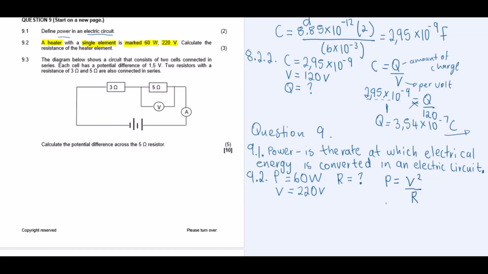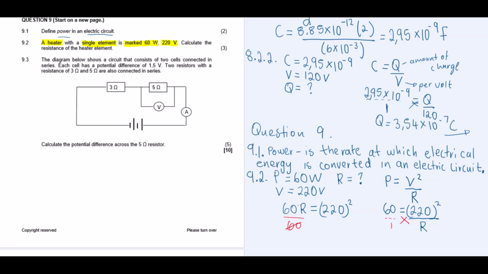And that formula, we write P is equal to V squared over R, right? So this formula can help us to calculate the resistance. What is power here in this situation? Power is going to be 60, right? And what is the voltage here? The voltage is 220. 220 is being squared, and then over the resistance, R. Then for us to calculate, we're going to say this is over 1 and cross multiply, and when we cross multiply, we'll get 60R equal to 220 squared, right?